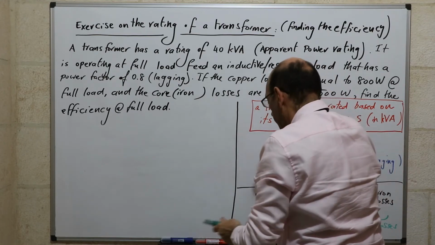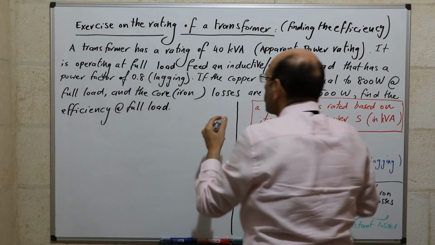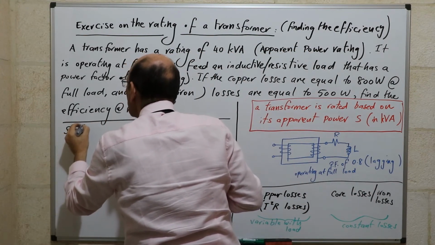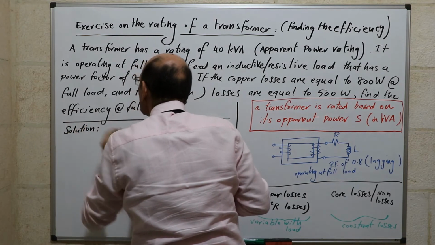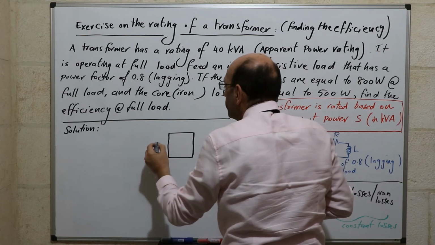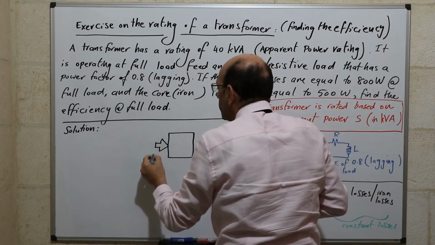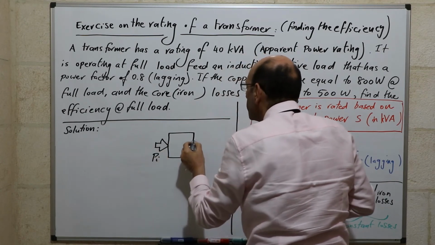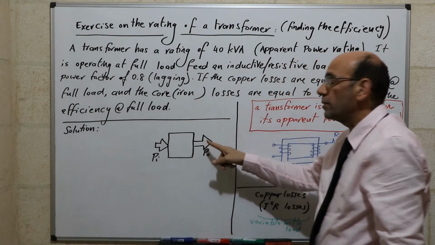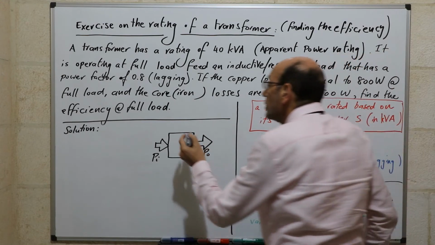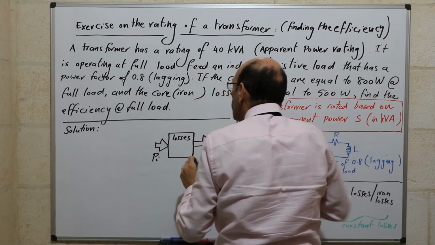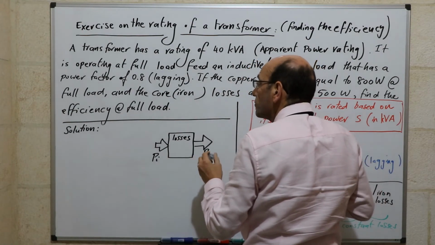So in order to calculate the efficiency, we can think of the transformer as having input power, Pin, and output power. So this is the useful power that is fed to the load, and internally we have two types of losses, copper losses and iron losses.